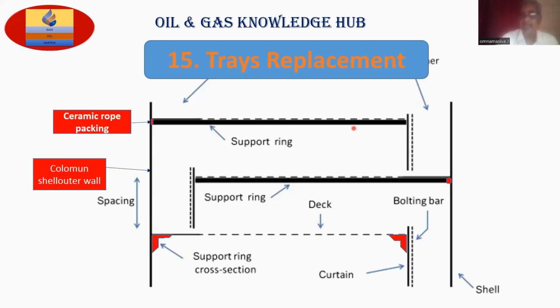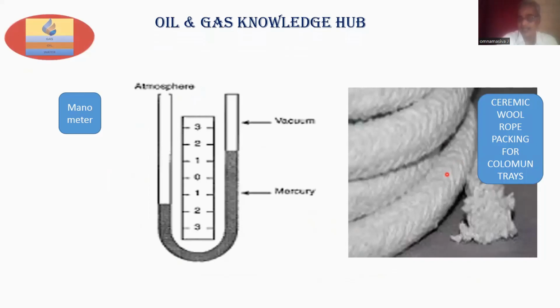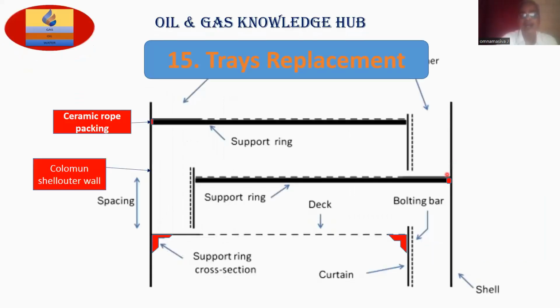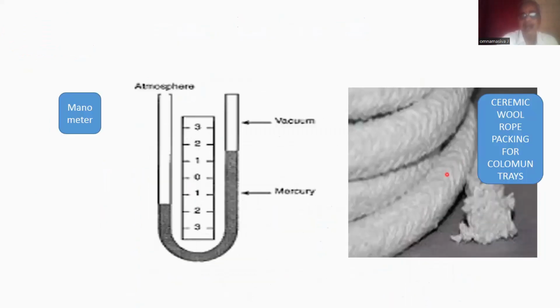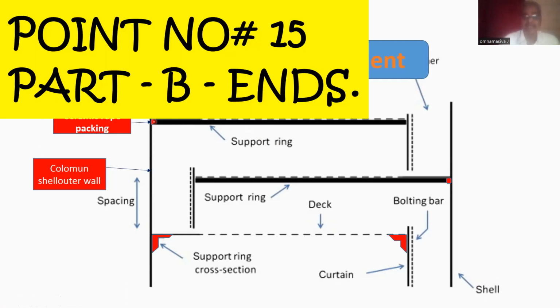Is it clear? Now you see, this is one type of pack, ceramic pack. So once you remove the trays after cleaning, or with replacement of new trays, you will ensure that all trays are installed as per the standard operating procedures and fixed properly, and a rope is inserted around the shell inside.